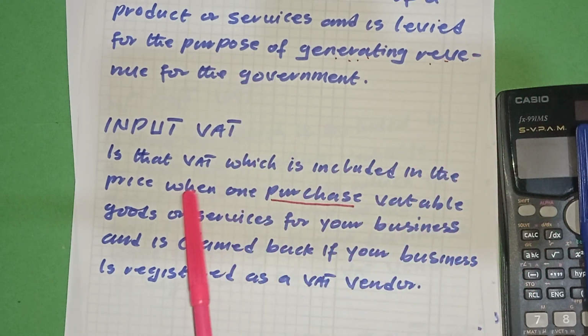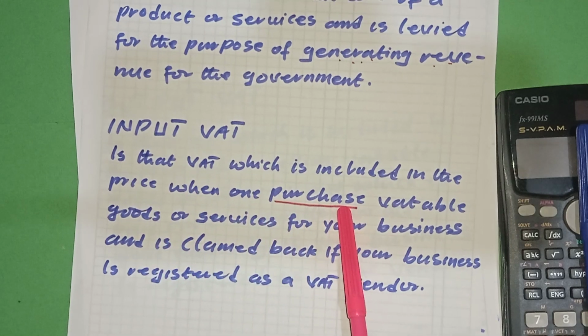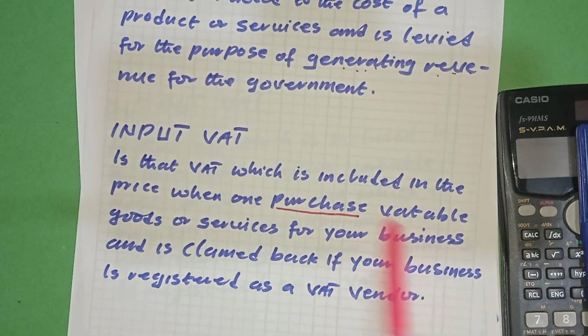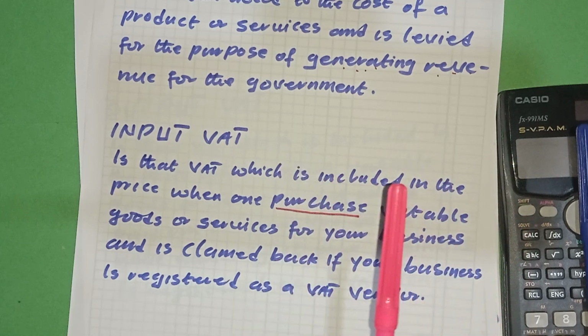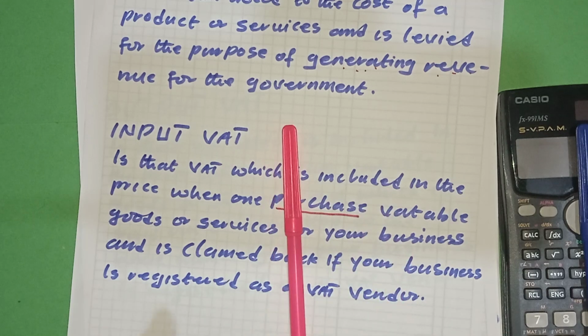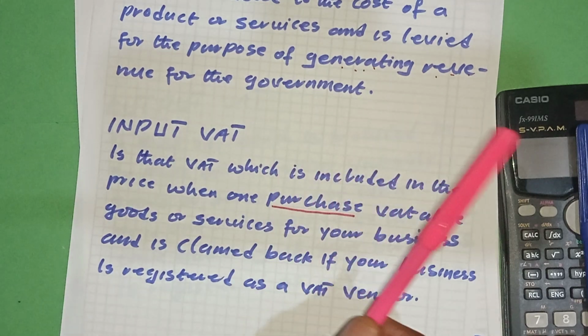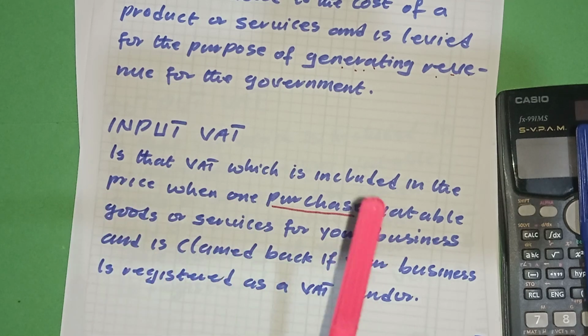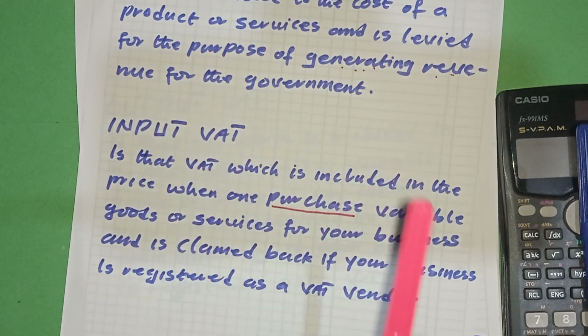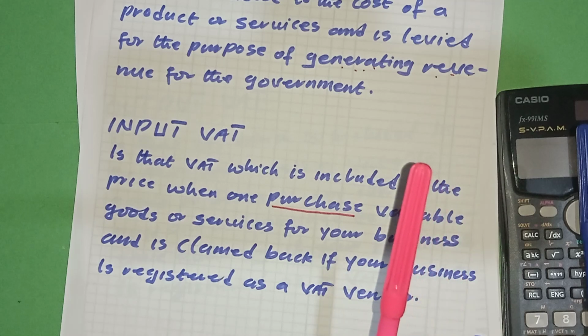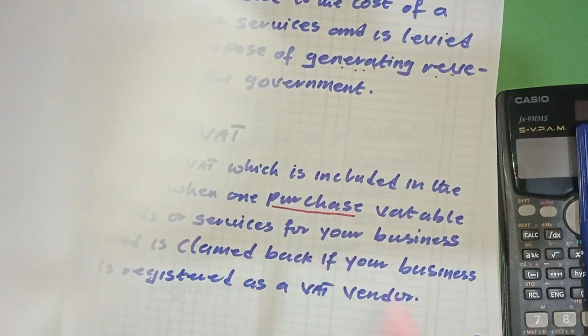That is what they say: purchase vatable goods or services. And this must be a vatable good. You understand? Just understand this. So when I purchase this, I have added money, including the VAT that the person has added. I purchased this amount including the VAT.